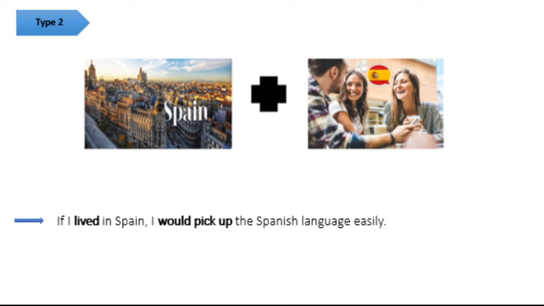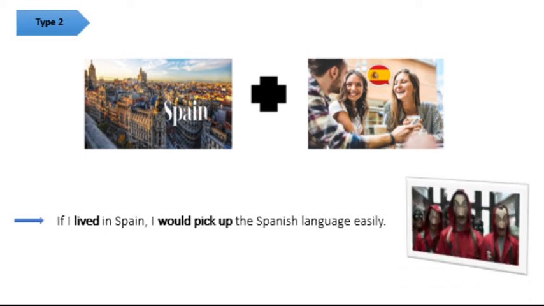And as a result to this, I will be able to watch this with no subtitles. Yes, so if I speak Spanish and if I have learned Spanish, I would be able to watch this with no subtitles. But it's not the case. Yeah, I wish I lived in Spain to be able to pick up the Spanish language easily.